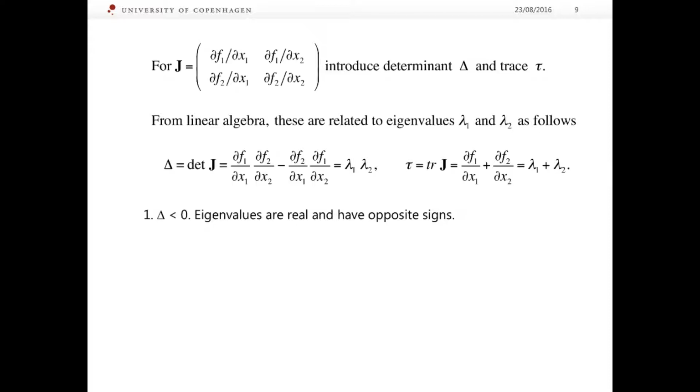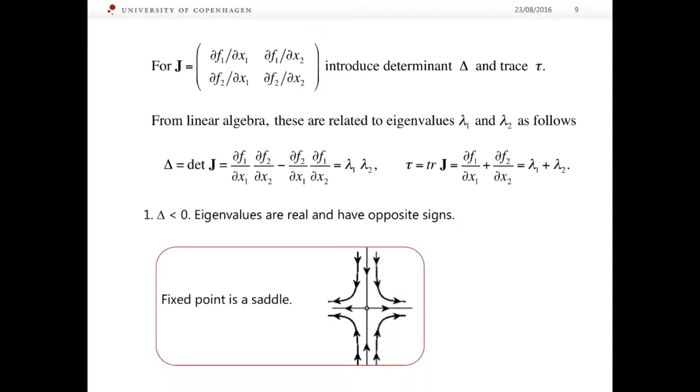In that case, the fixed point will be called a saddle, and the saddle fixed point, which in this picture is shown as the empty circle, is an intersection of two curves on the phase plane, which are called invariant manifolds. A saddle point is an intersection of a stable manifold and an unstable manifold.